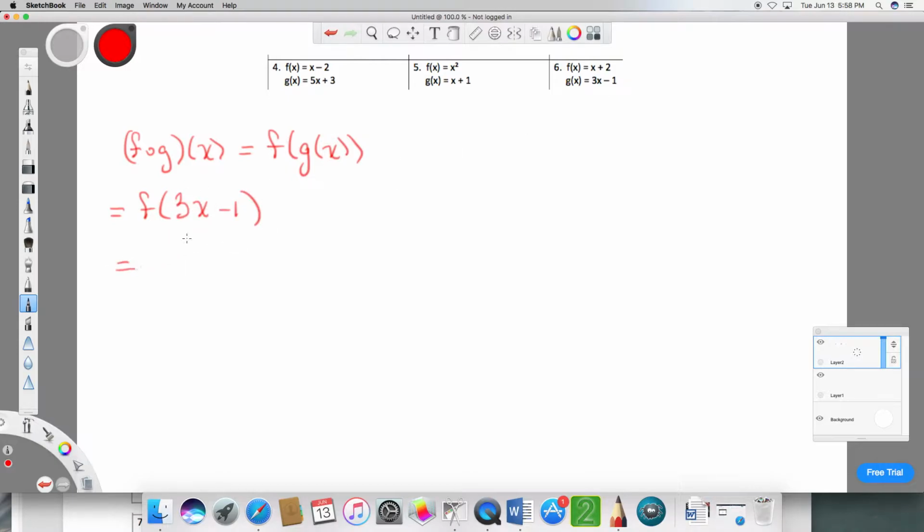Well, what will F always do to the input? F always creates an addition problem. It takes the input and adds 2. So our final answer is 3x plus 1.